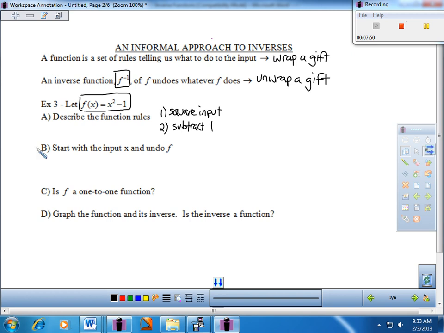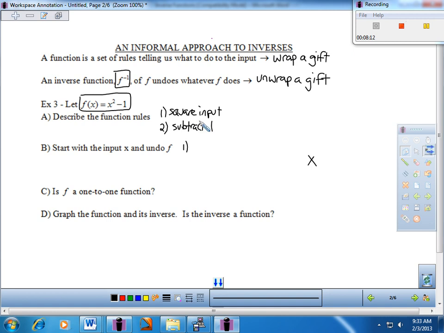Okay, so we're going to use that premise in order to create the inverse. So we are going to undo those rules right there. I'm just trying to find a good spot for it. I'm going to do it all the way out here and then come back over here. So here's the idea. Just put a little 1 in place and give me just a moment. But let's go back to the analogy. Creating a function is like wrapping a gift. I do this, then I do this. Well, creating the inverse is basically undoing those steps, or unwrapping the gift.